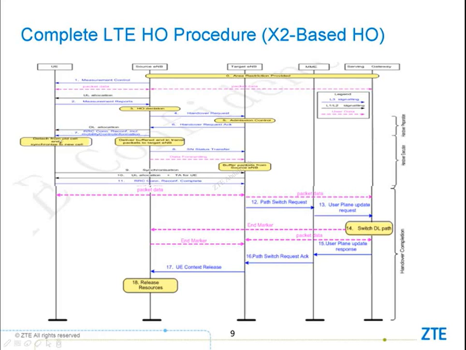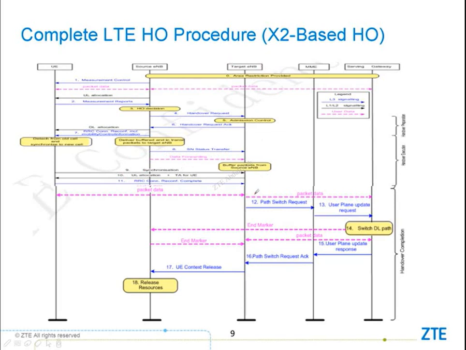After the UE receives the number 7 message, the UE will start to access the target eNodeB. Also during this procedure, there is an SN status transfer, and we know SN means PDCP sequence number status transfer. So 9, 10, 11 are just like access. After access, that means the UE has already successfully handed over to the target eNodeB.